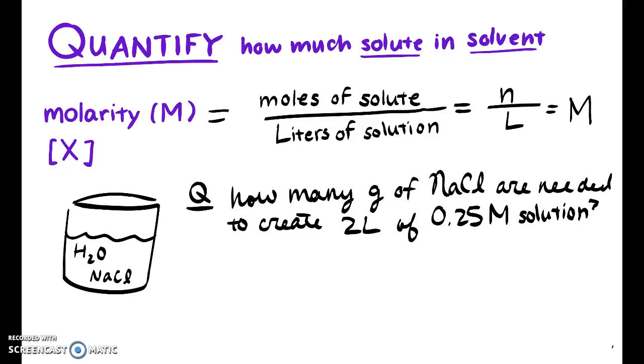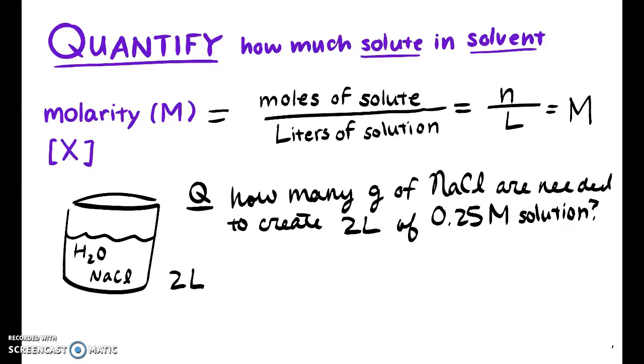Here we assume that water is going to be the solvent. We're given the molarity and we're given the volume in liters. So all we have to do is calculate how many moles of NaCl we need and multiply by the molar mass in order to get how many grams we need.